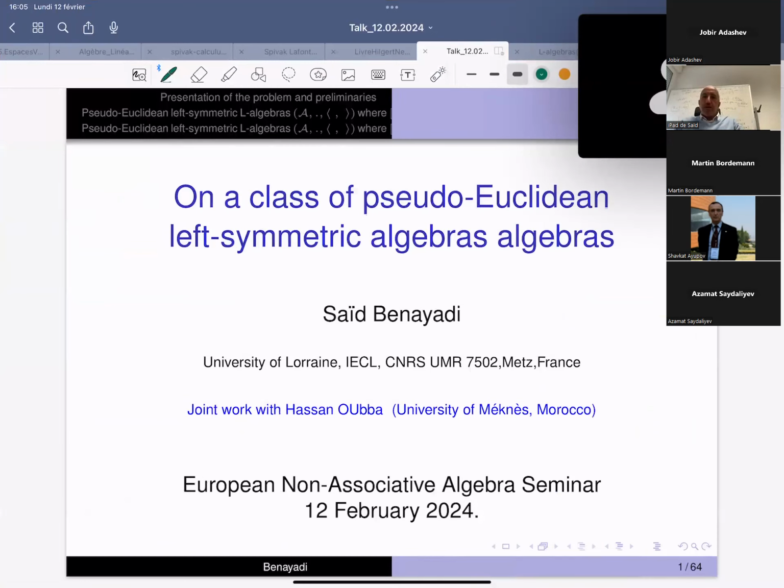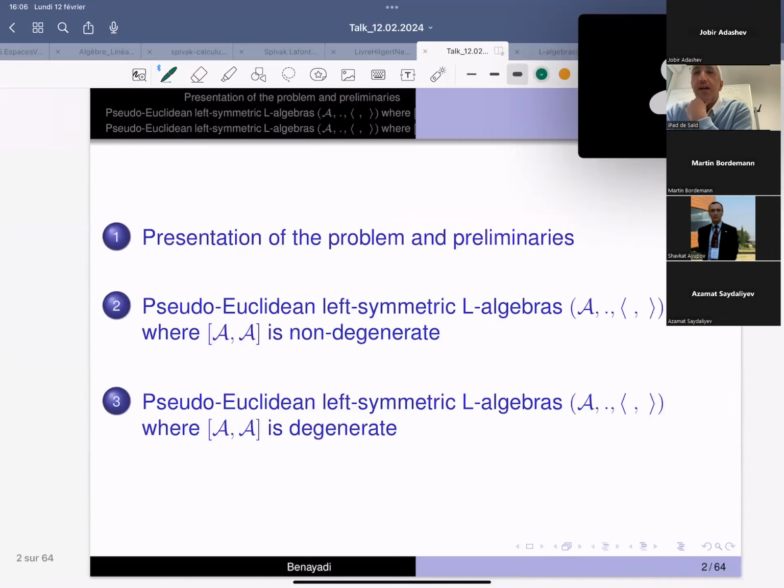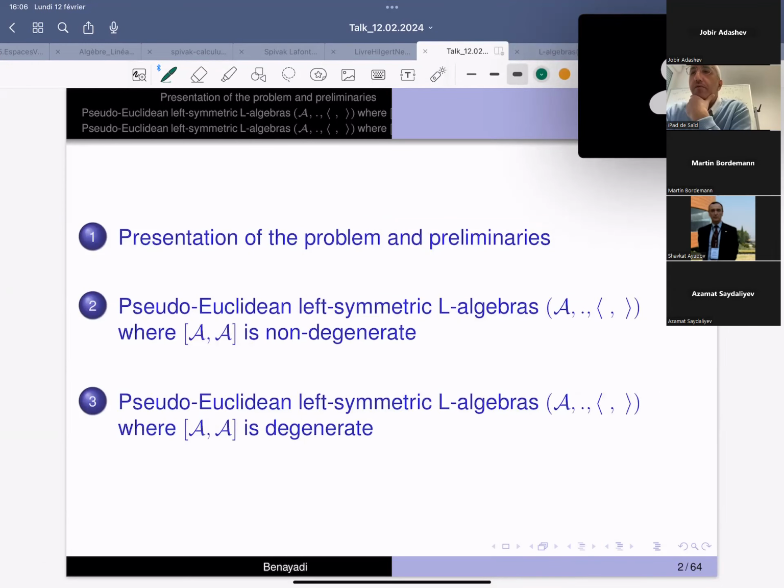First, many thanks to Ivan for his invitation. This talk is about a class of pseudo-Euclidean left-symmetric algebras. Okay, I start with the presentation of this problem.